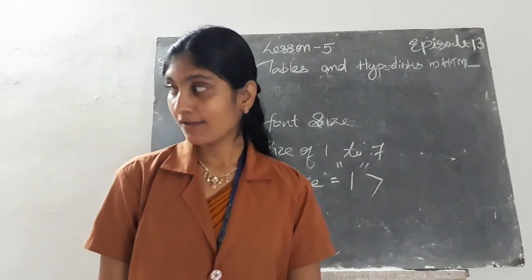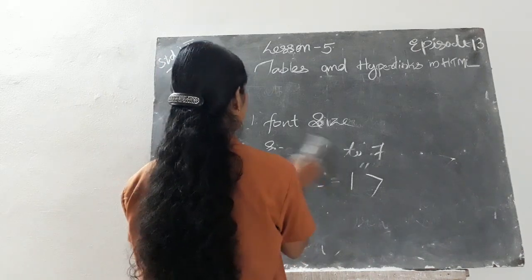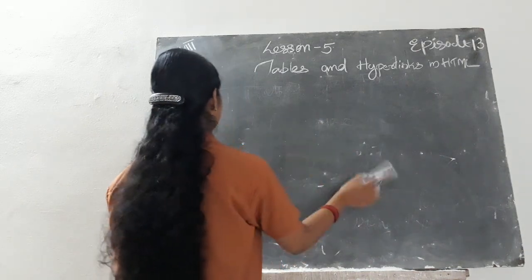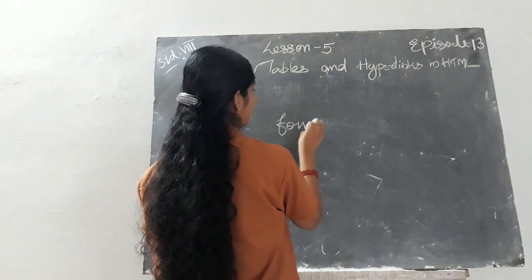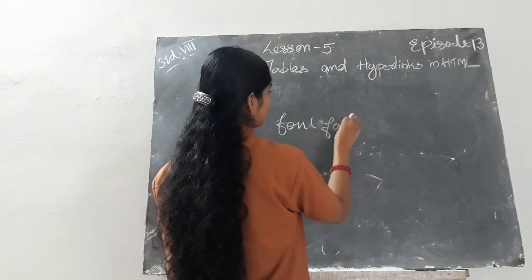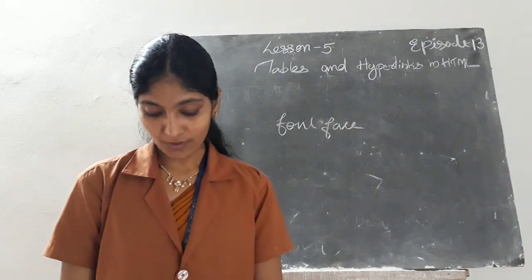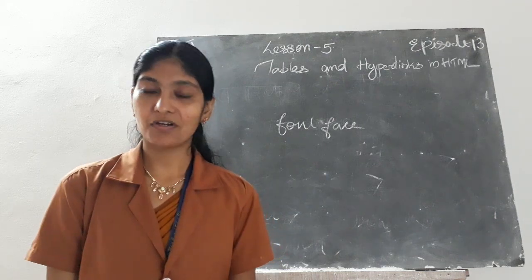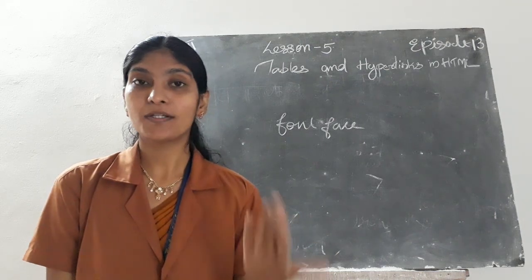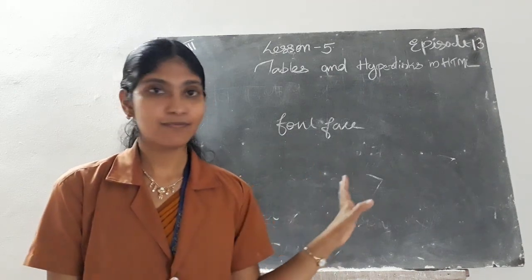Then next is face. So the third one is font face. Font face means you can apply the type of the font. For example, Arial, Calibri, Times New Roman. There are many font types. So you can choose your suitable type and apply it for the text.